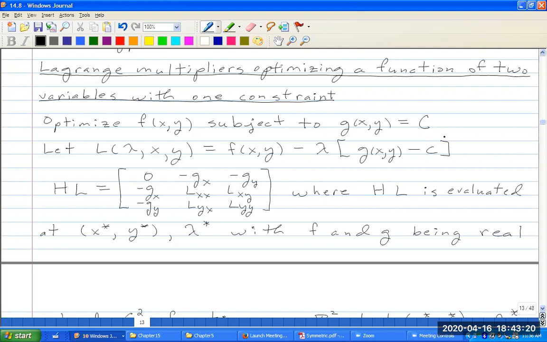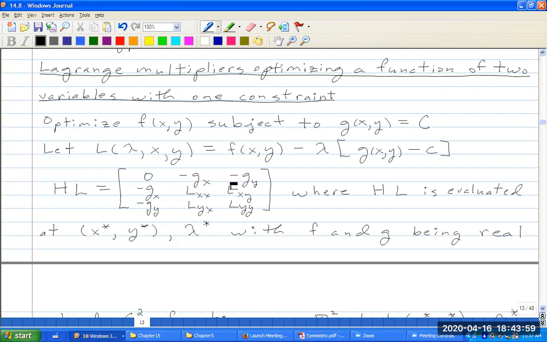Then the Hessian evaluated at the extreme value will have the following form. Well, the Hessian will have the following form, but we'll assume that it's at the critical value. And so it will look like 0, minus the partial of g with respect to x, minus the partial of g with respect to y, and it's symmetric, so this side here looks the same as that.